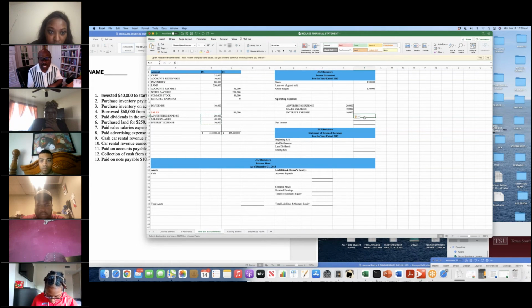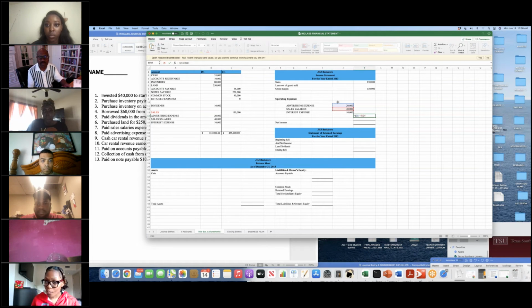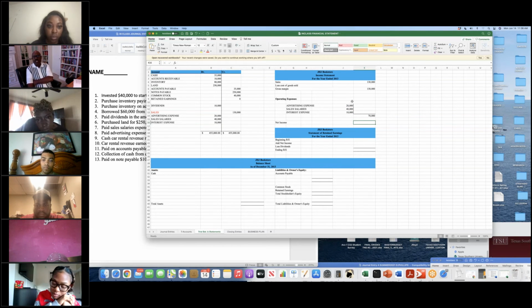And so we'll just say simply it's going to equal that. So we just put in an add formula. Equal this cell plus this cell plus this cell.